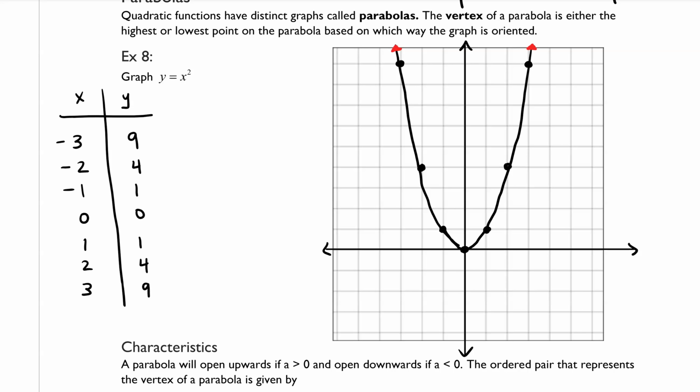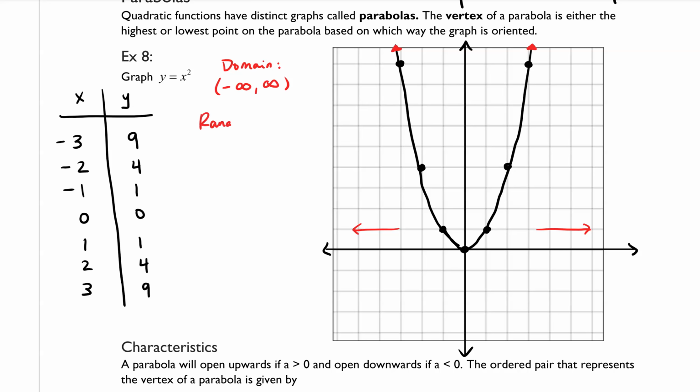Now, this is kind of a little bit of a review from a previous section, but maybe we can talk about the domain really quickly. The domain is going to be everything. Notice that our x values continue to go that way and that way in both directions. So our domain is going to be negative infinity to positive infinity.